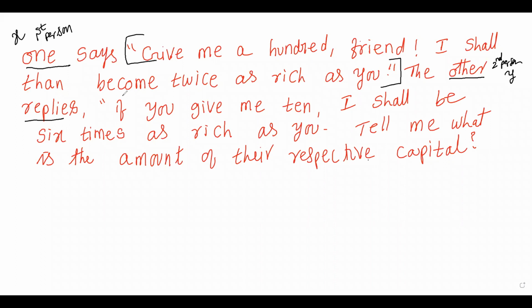From here, the second condition starts. In the first condition, you need to make one equation. In the second condition, you have to get one more equation, solve both equations to find X and Y. So initially, take the amounts of first and second person as X and Y. Okay? Let us write the first step.